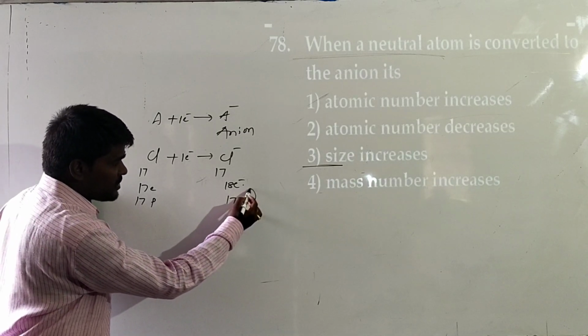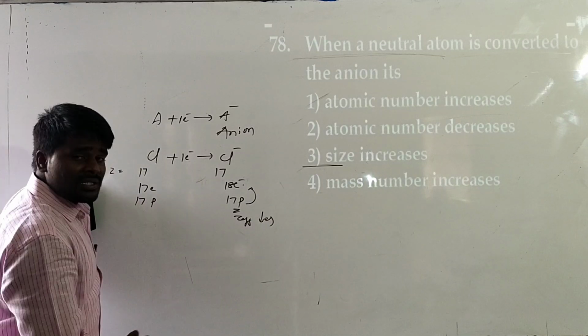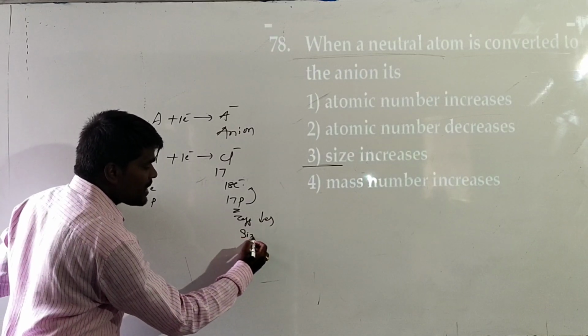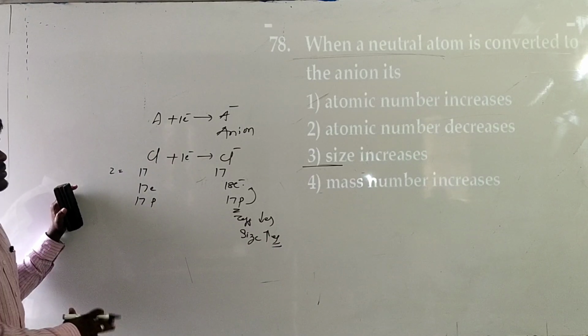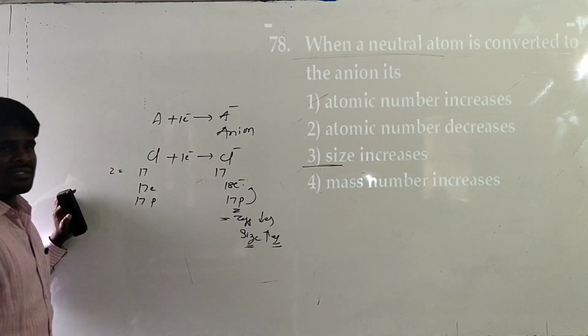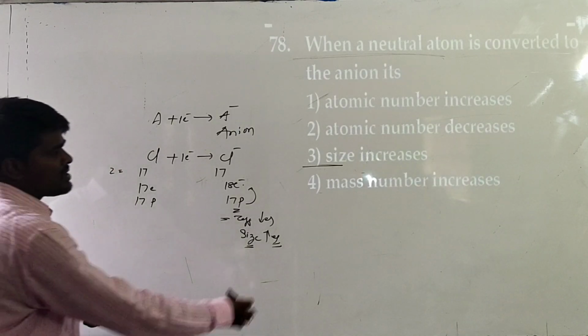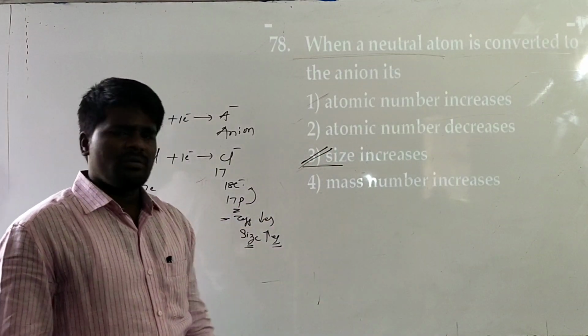Nuclear force of attraction, Z effective, decreases. If effective nuclear charge decreases, what happens? Size increases. This is the reason. When a neutral atom is converted into an anion, what happens? Z effective decreases so that the size increases. So the answer will be size increases. There is no change in the mass number also.